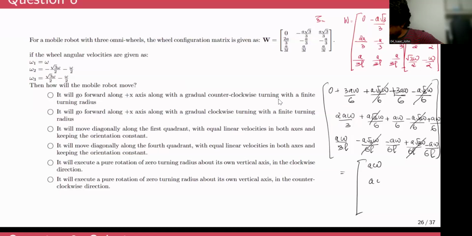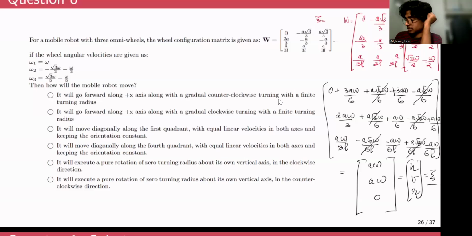And the third entry would be a by 3 minus a by 6 minus a by 6. That is 0, actually. So this is how your zeta vector would look like. This is u, this is v, this is r. This is your zeta vector.